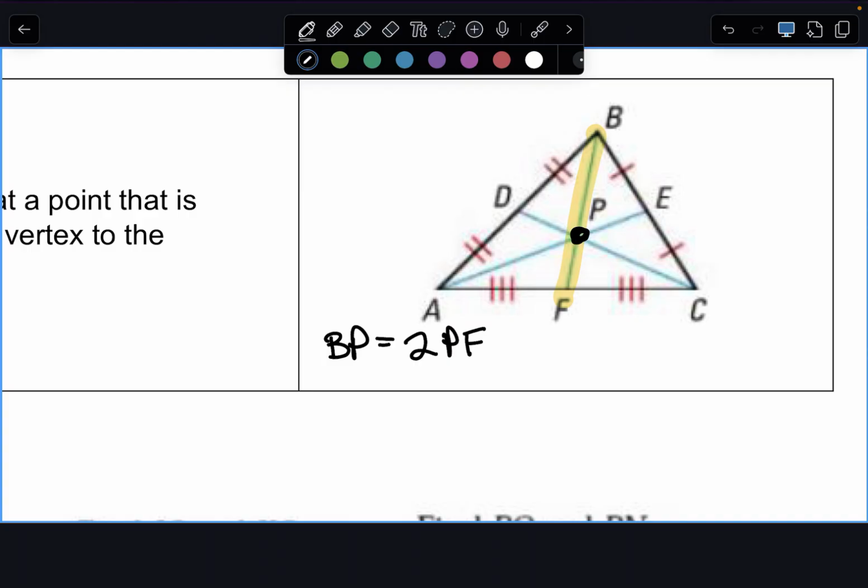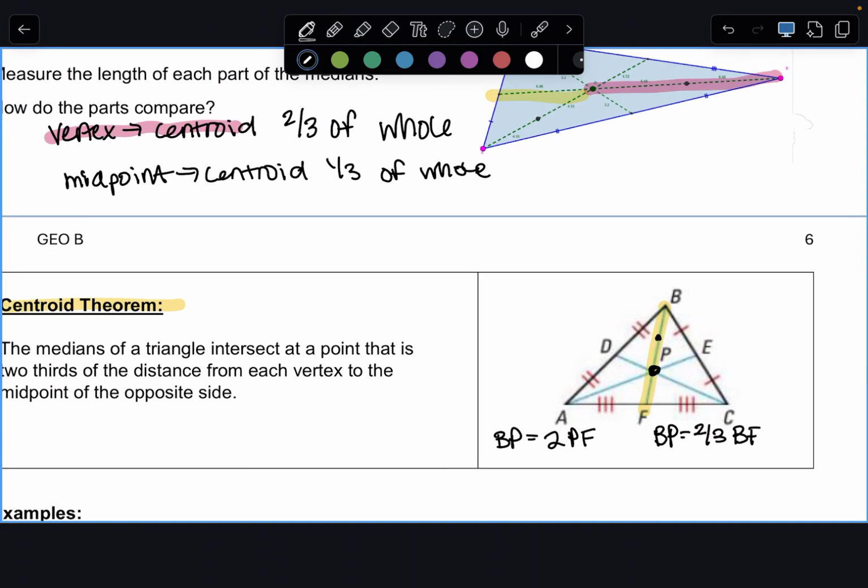Okay? We can also kind of relate everything to the whole thing. So if I look at BP, well, here's 2 thirds. Here's where our other 1 third was. So BP is 2 thirds of the whole. And the whole thing is BF. Because just like what we did up here, I can kind of split my bigger chunk into 2 of my smaller one.